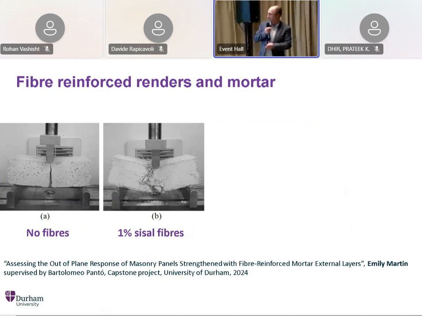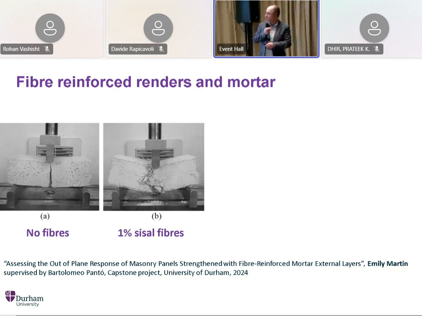So these are proof of concept tests that were performed with sisal fibers, which are common in Brazil, but jute could be used as well, by Emily Martin, under the supervision of Dr. Panto. So let's click next. If you see there are no fibers, it's just tiles. There's one rupture plane.